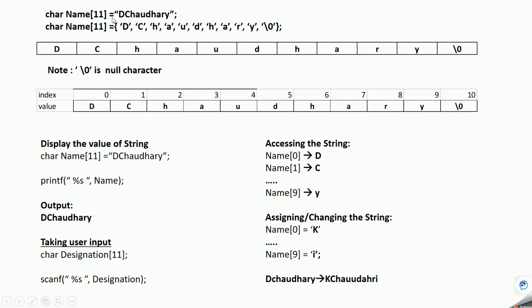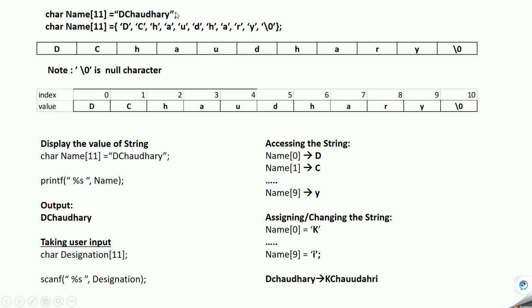When you write the string like this, or you can write like this also, in this case you will give the characters one by one, but here you have to give this null character. This slash 0 is nothing but the null character. This slash 0 you have to give at the end always if you write the string like this.